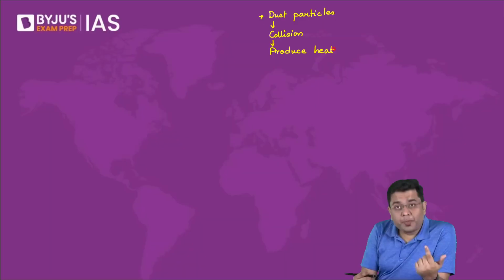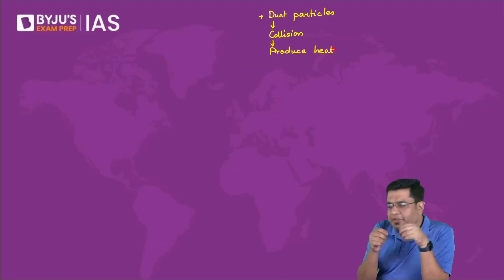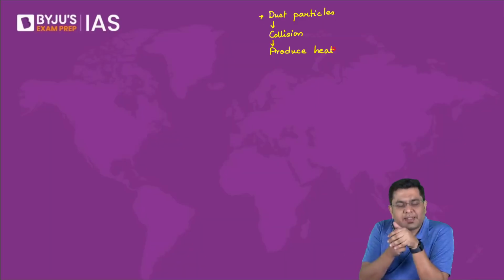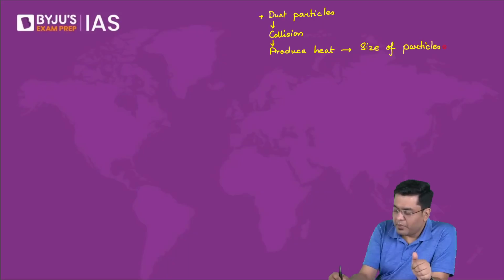Due to the heat produced, the materials would start sticking together, because anything which is hot, materials tend to stick to that because it gets molten. So, the size of the particles would increase.